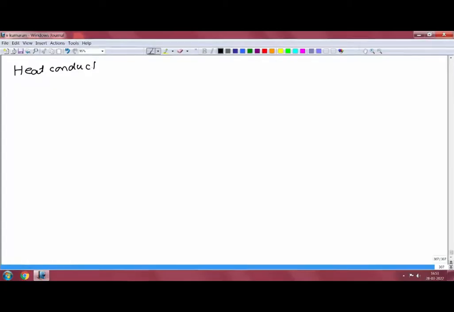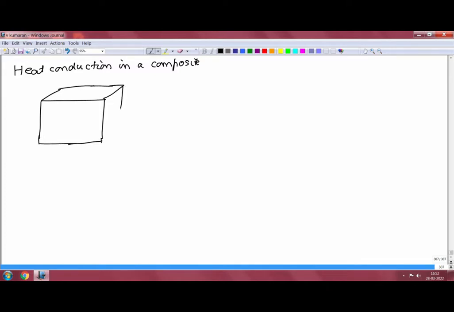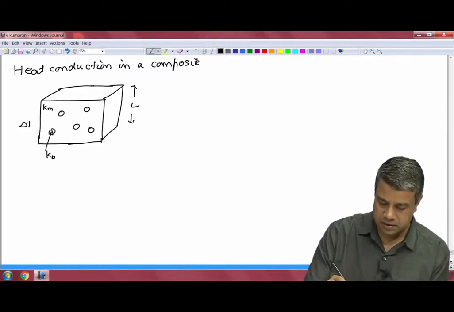In the previous lectures, we were solving the problem of heat conduction in a composite material of thermal conductivity Km, which has spherical particle inclusions in it with thermal conductivity Kp, of height L say, across which we apply a temperature difference.